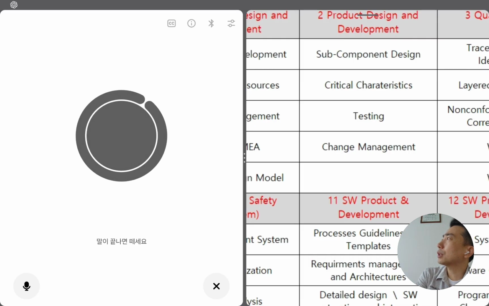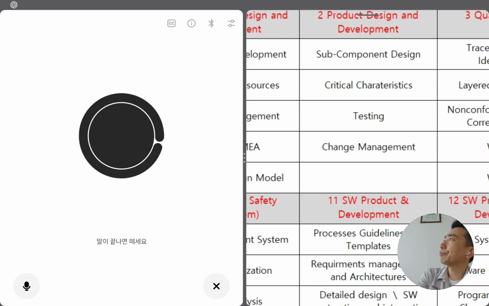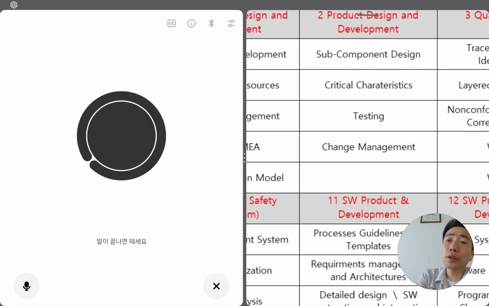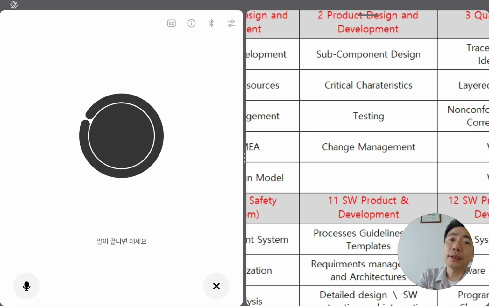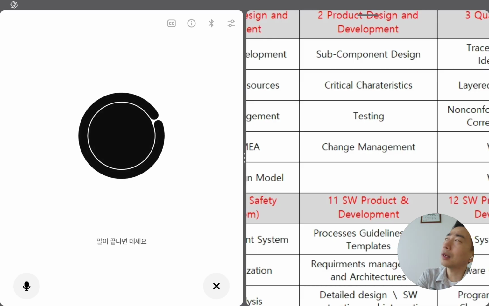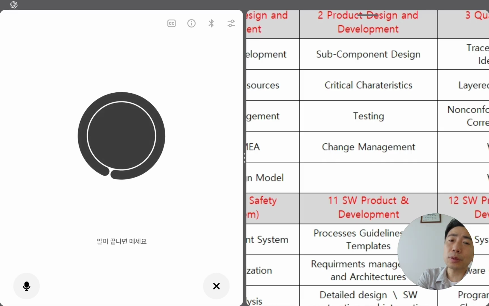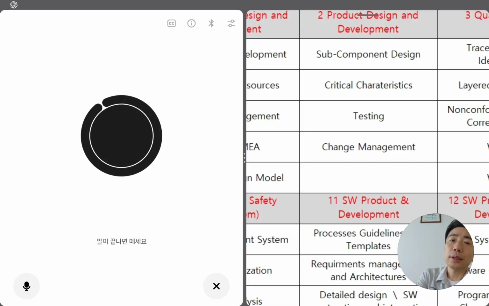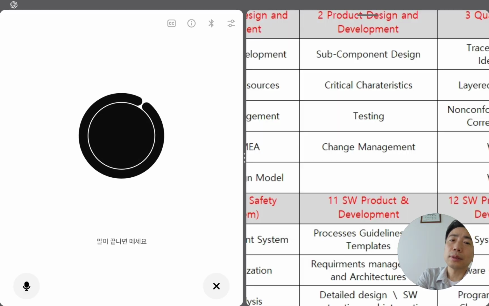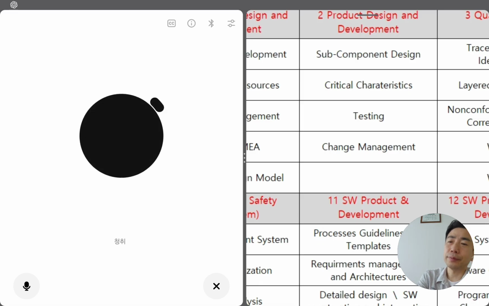In the OEM project, our engineering part, R&D part and production engineering part will decide which critical characteristics are. However, in the EMS project, our customer usually decides what characteristics should be critical characteristics.